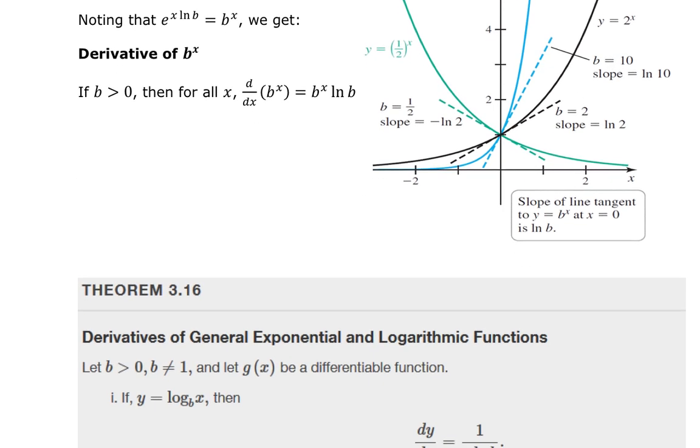Well, the derivative of any exponential function, so for the base b instead of e, is going to be base b, the natural log of b. So here is the equation of y equals e to the 2x. And then, of course, when we go to do its derivative, it would be e to the 2x, the natural log of b.